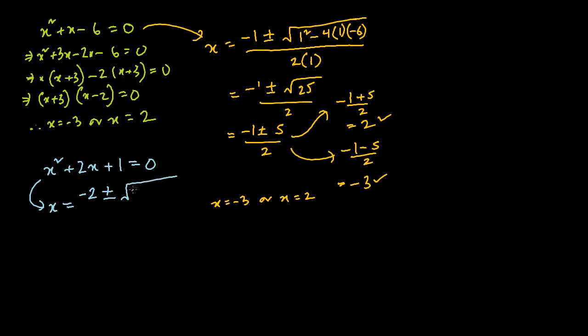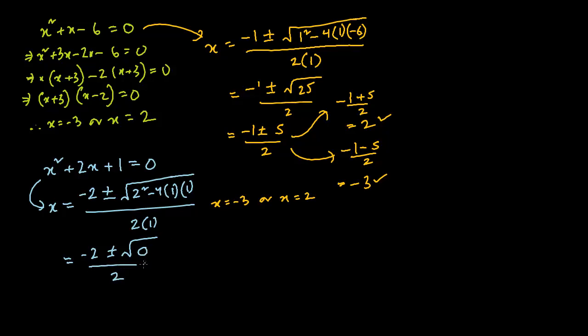So b squared is plus 2 whole squared, minus 4, a is 1 and c is plus 1, divided by twice a, which is 2. So we get minus 2 plus minus, now root over, take a look here, 2 squared is 4, minus 4, so that is 0, divided by 2.